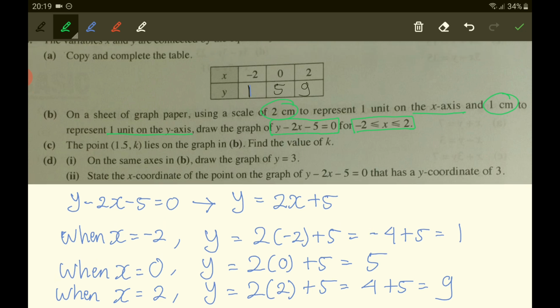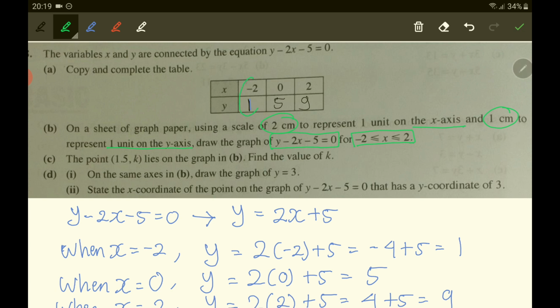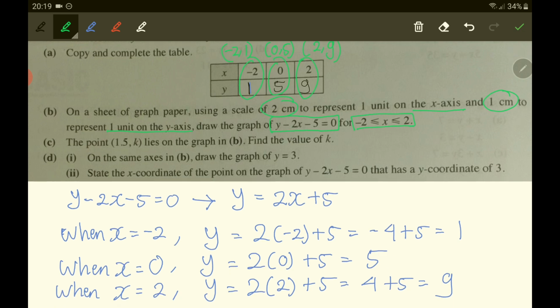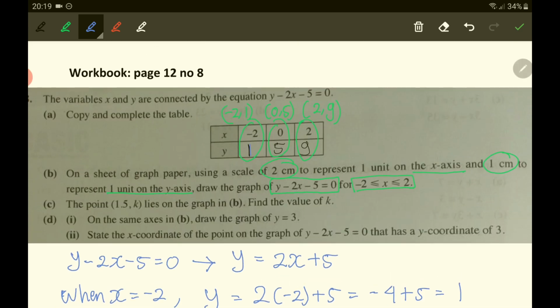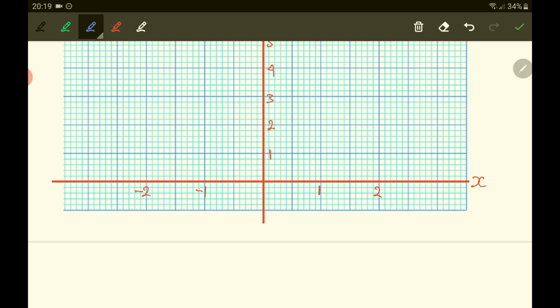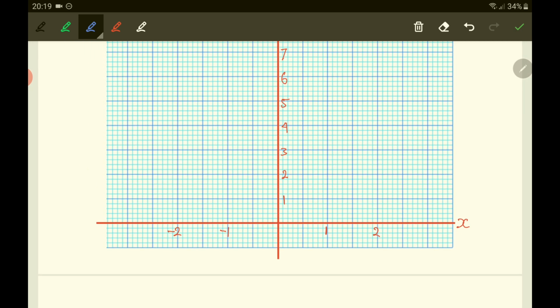We are going to use this information. This is the first coordinate, this is the second coordinate, and this one is the third coordinate. So this is minus 2 comma 1, then 0 comma 5, and here we have 2 comma 9. So let's plot them on the graph. The first coordinate is minus 2 comma 1: the x is minus 2, and then 1.